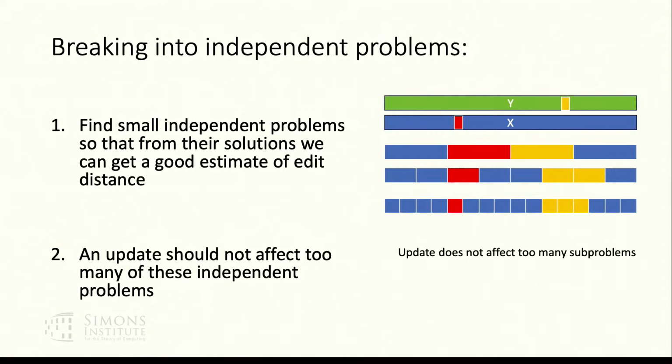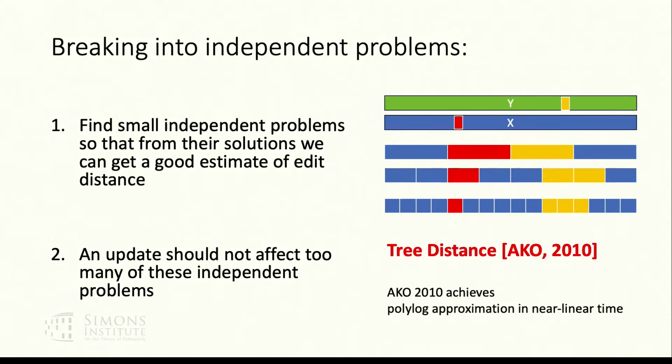So we tried to see whether there is any work on static algorithms for approximating edit distance that has this property. We had to go back to 2010, to the work by Andoni, Krauthgamer, and Onak, who introduced this notion of tree distance that has this property.